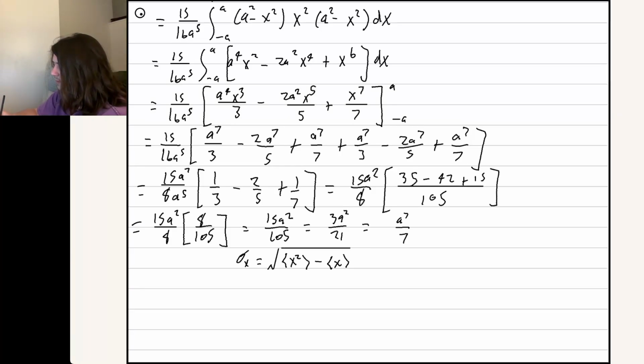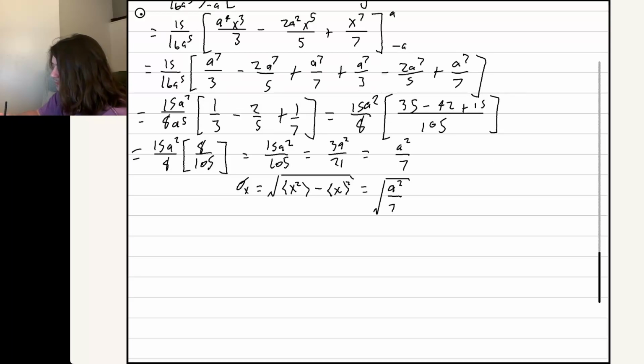We found this value is 0. So it's just a squared over 7. Be careful with that. So it's just the square root of a squared over 7, and we'll leave it like that for now.